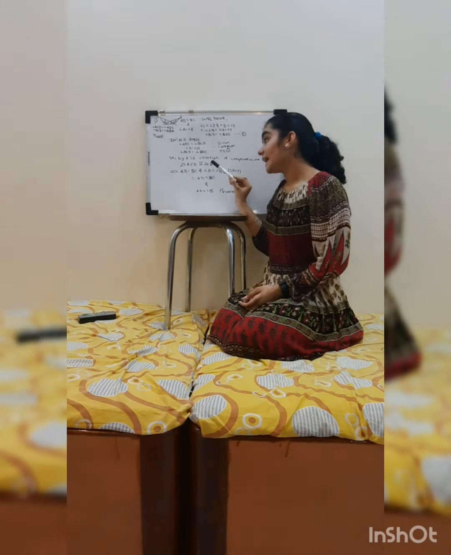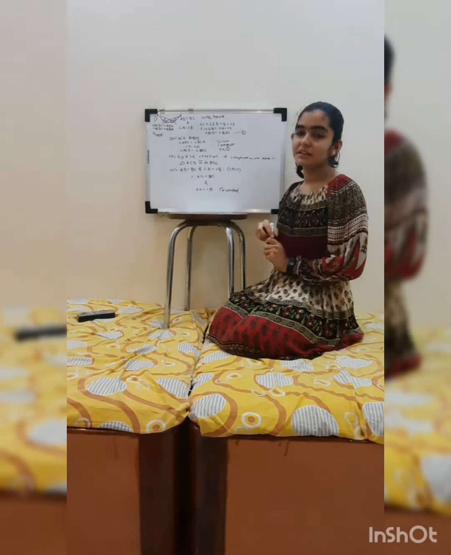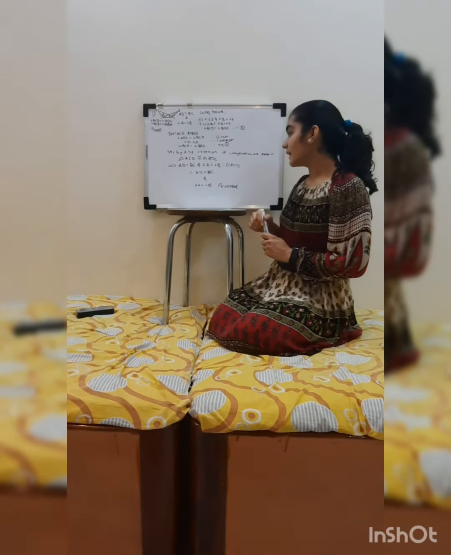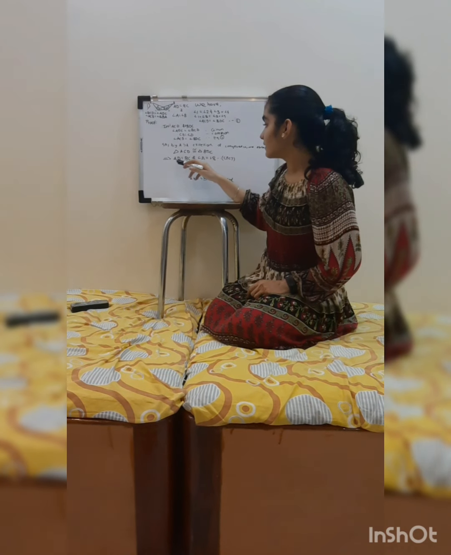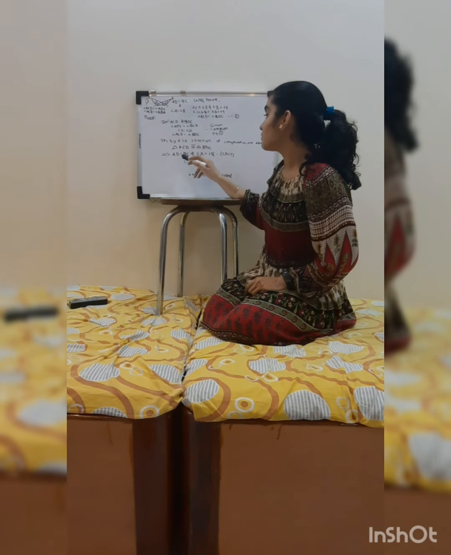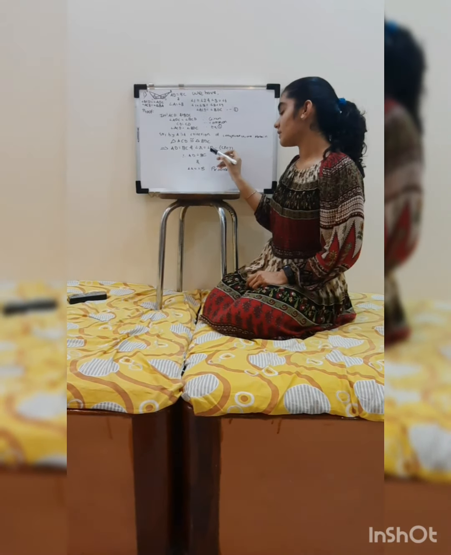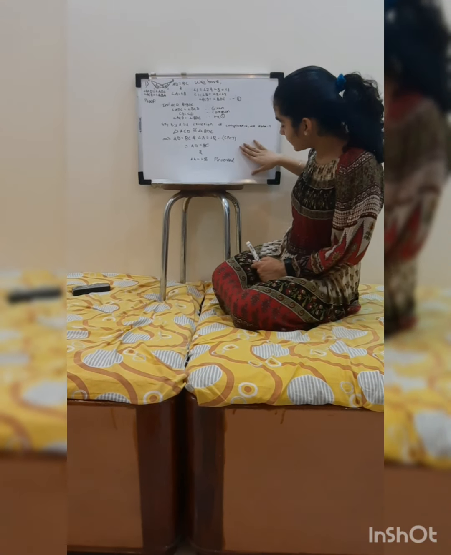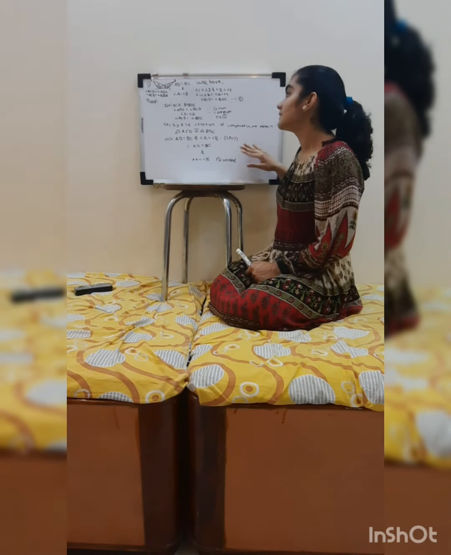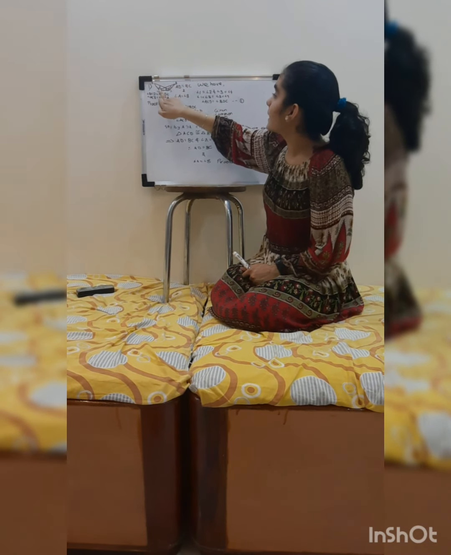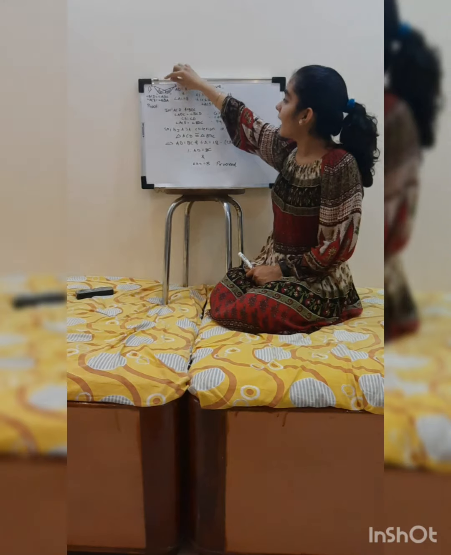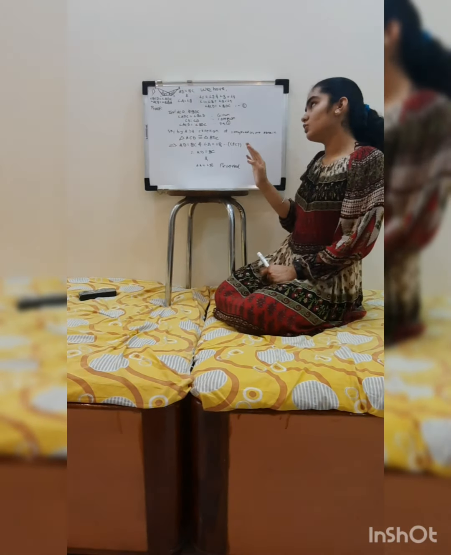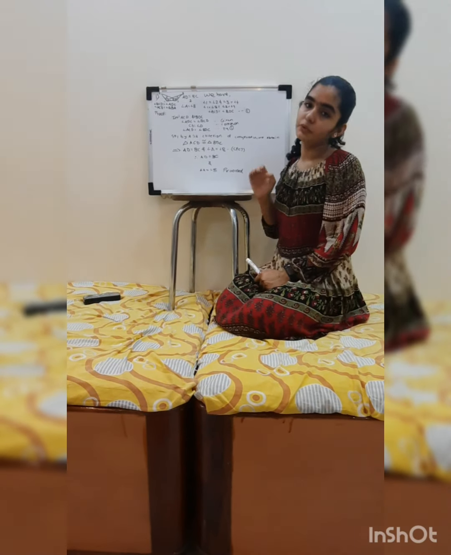So by the ASA criteria of congruence, we obtain that triangle ACD is congruent to triangle BDC, and hence we prove that AD equals BC and angle A equals angle B as per CPCT. Therefore, we obtain that side AD is equal to side BC by CPCT, and angle A is equal to angle B also by CPCT, and hence it was proved.